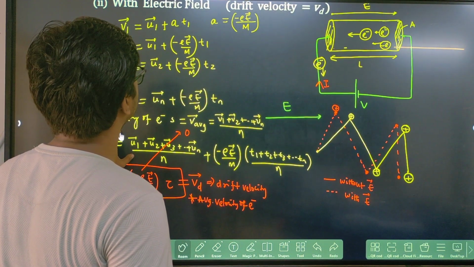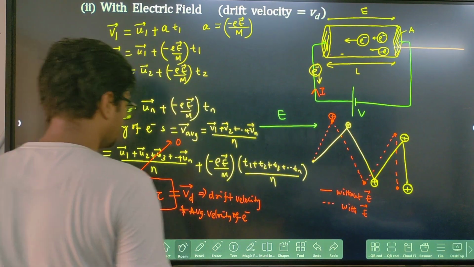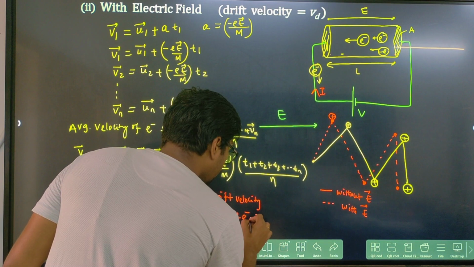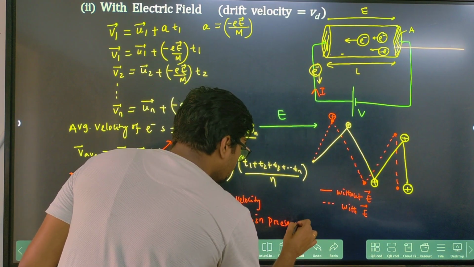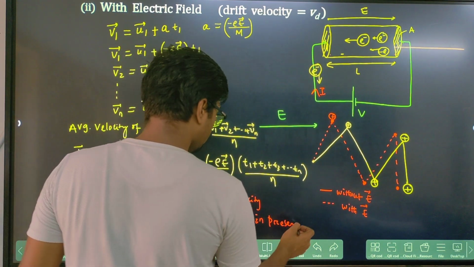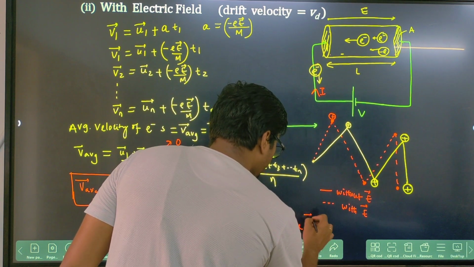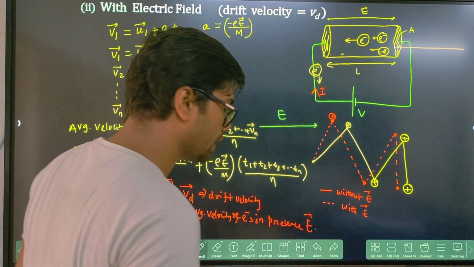So the average velocity of electrons in presence of electric field.